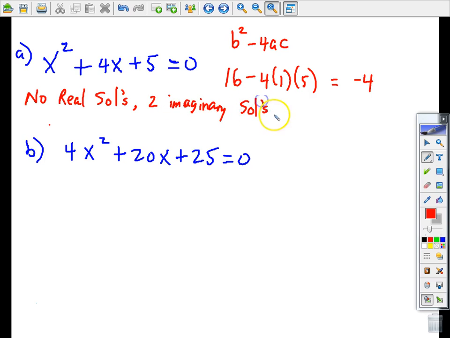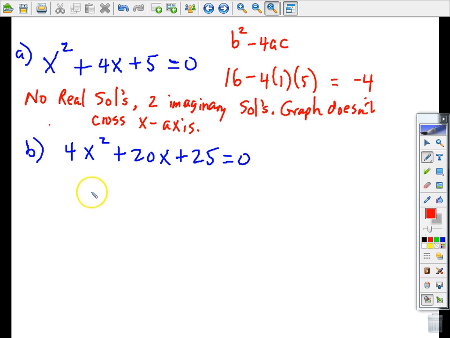And I'm going to have you follow up with a statement about how this applies to the graph. What do we know now about the graph of this parabola? Doesn't cross the x-axis. So I want you to follow up with a sentence. Graph doesn't cross x-axis.